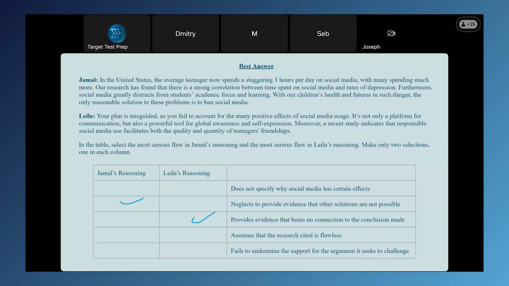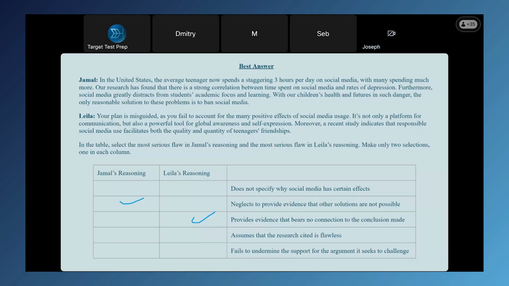That is not necessarily true. There could be many other reasonable solutions besides banning social media just because it's bad at the rates that Jamal is looking at. That doesn't mean that the only reasonable solution is to ban it, but we can look at the others just to be sure.